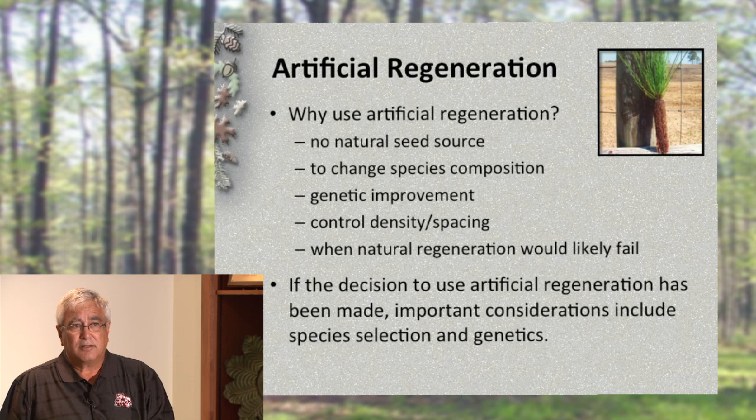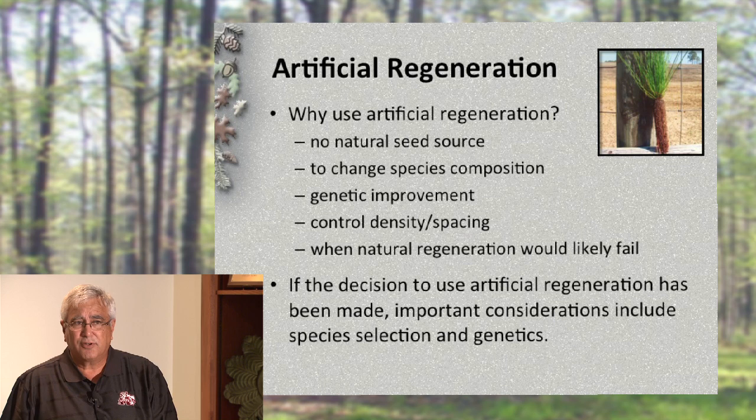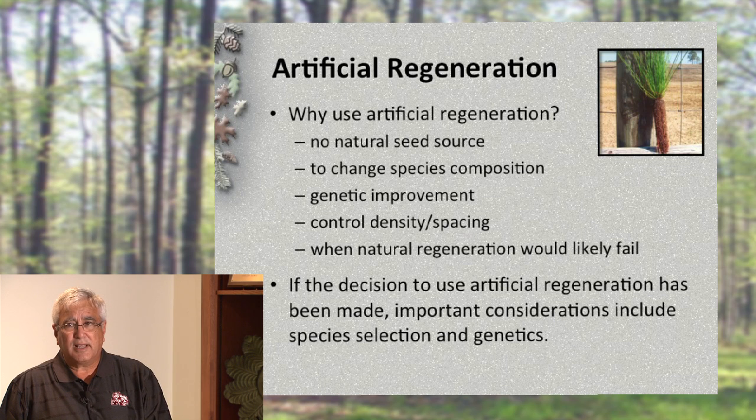We also would like to improve the stand value, and this can be done quite easily through genetic improvement. We also may want to look at controlling our density as well as our spacing. And sometimes natural regeneration may actually fail simply because we lack seed trees.